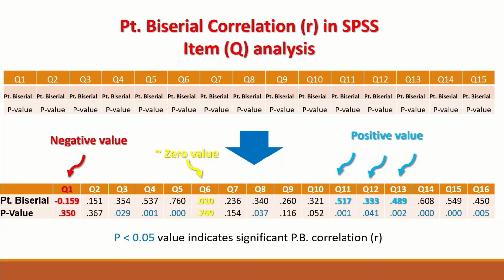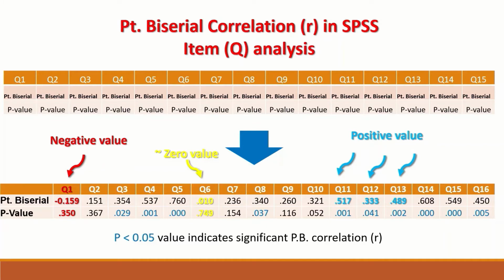From the table at the bottom, we can say that question number 3 is a good question. Question number 4 is a very good question. Number 5 is a very good, if not excellent, question. Number 7 is not a good question. Number 8 is a good question.